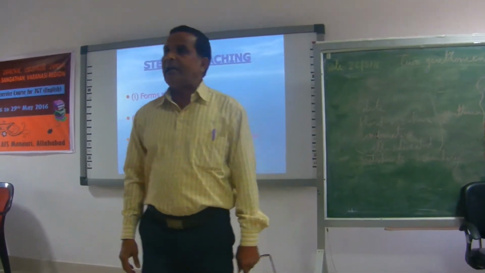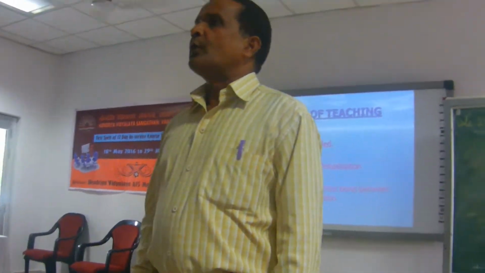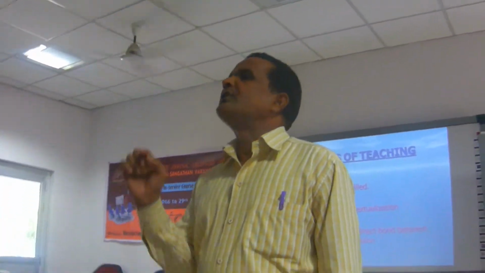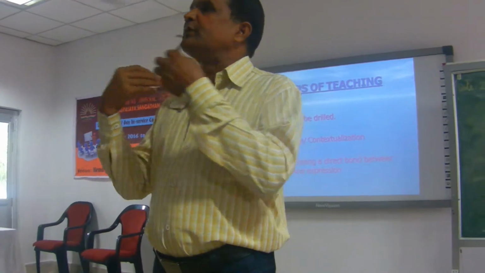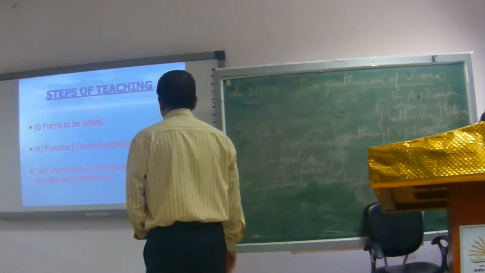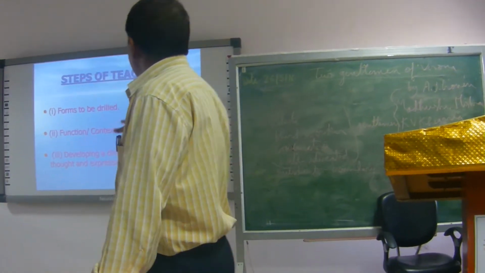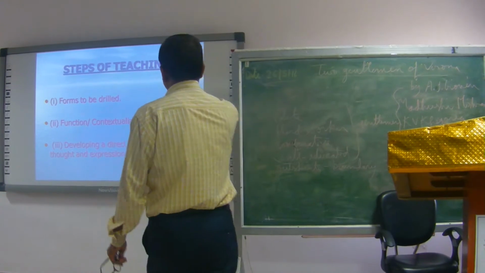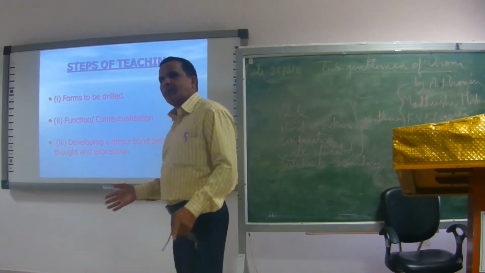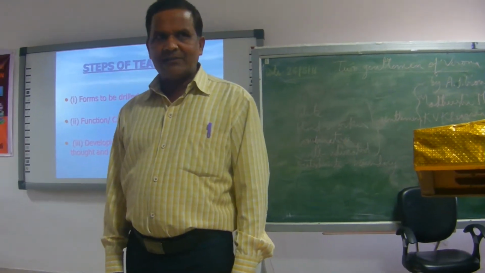Function means let that form be associated to a particular real life situation where it can be used to describe and to communicate it to the listener. Then developing a direct bond, both are correct, acceptable. Developing a direct bond between thought and expression, we have already discussed it in terms of speaking English.